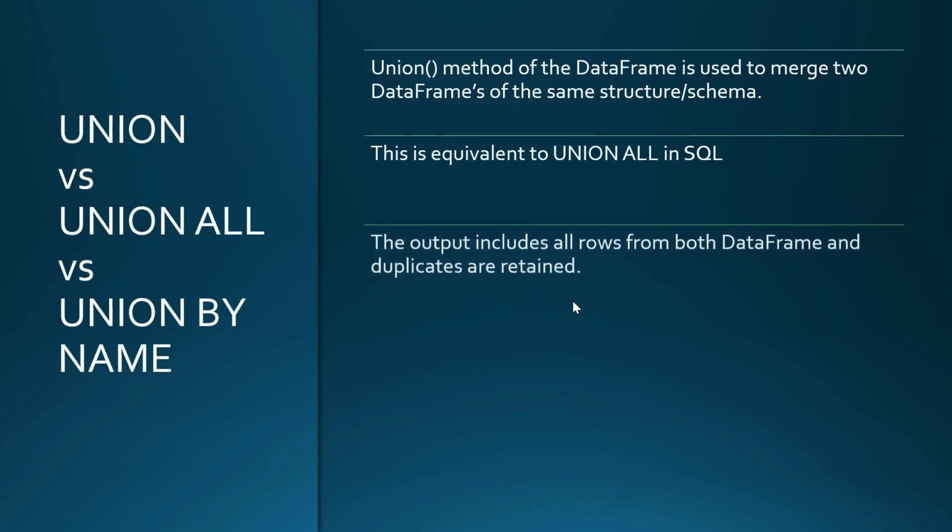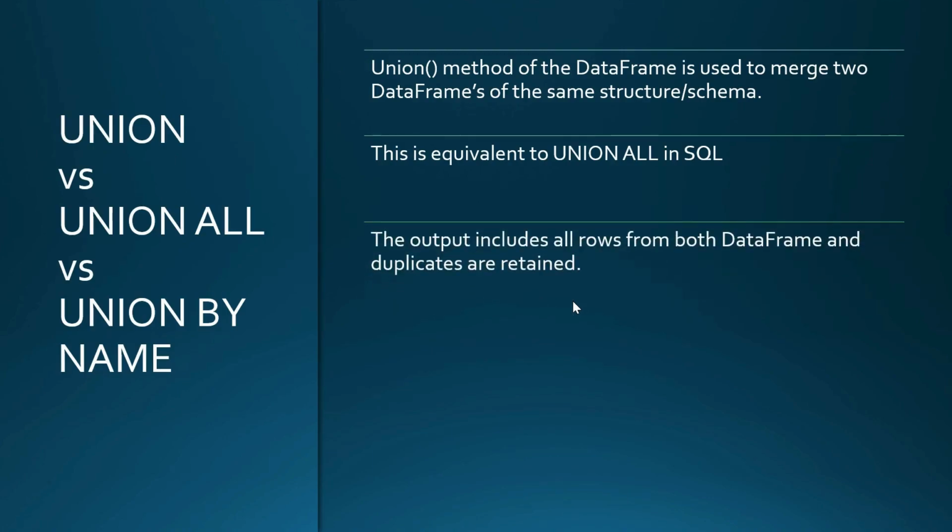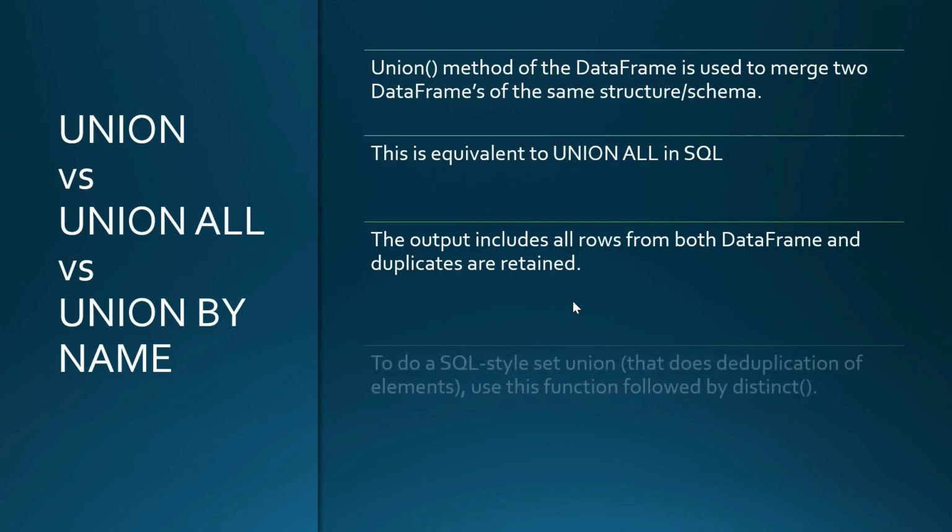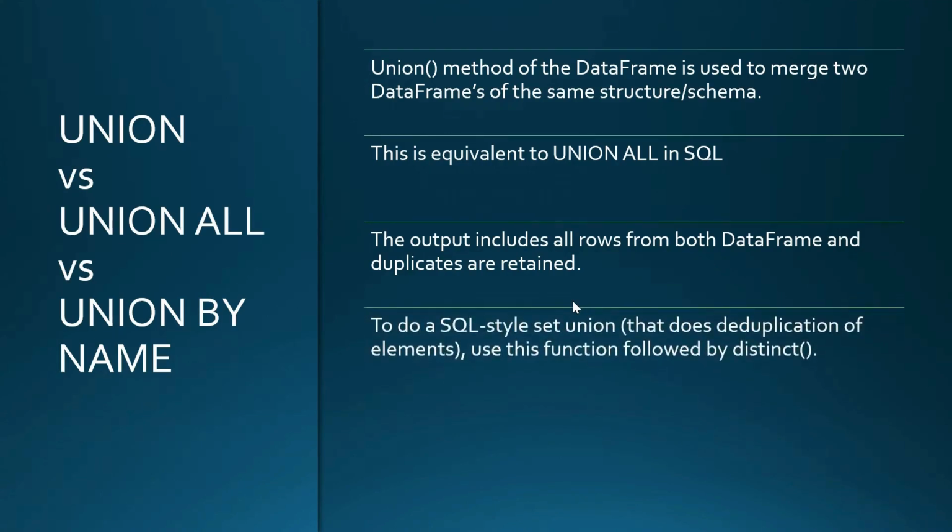Now, if you have to remove the duplicates, how can you do it? You can do it using a distinct operation. If you use distinct or drop duplicates, it will remove your duplicate values after you have done the union operation.